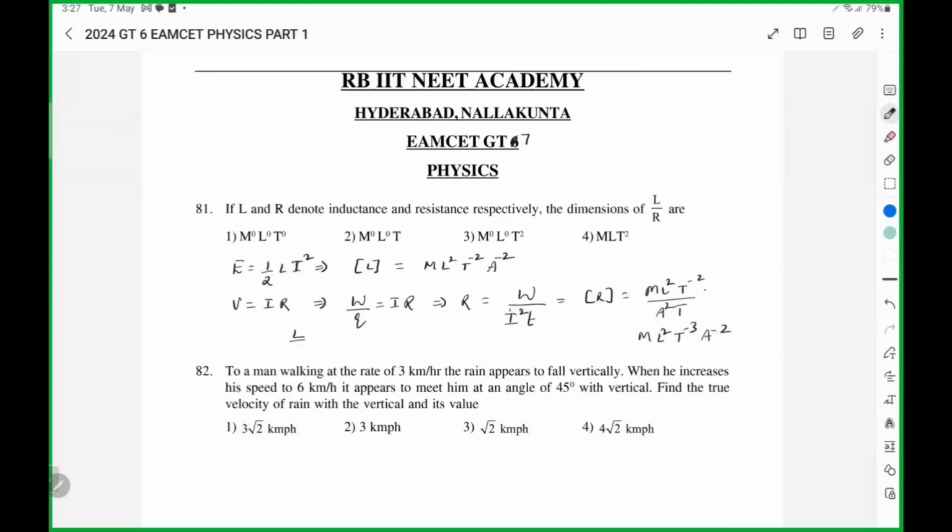So the dimensional formula of L by R is M L square T power minus 2 by M L square T power minus 3 A power minus 2, which is time.